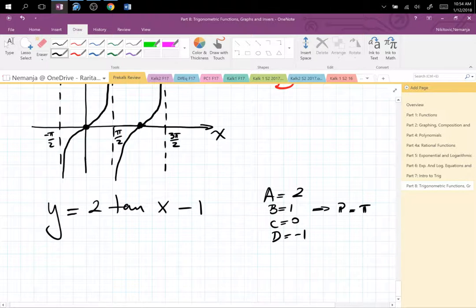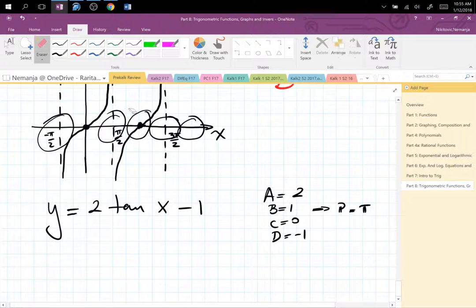Wouldn't that top one be 4 pi over 2 instead of 3 pi over 2? No, you go... The dotted line? Yeah, so negative 1/2, positive 1/2, positive 2/2, which is a pi, positive 3/2, positive 4/2, right? 1, 2, 3, 4, 5, 6, 7, 8.